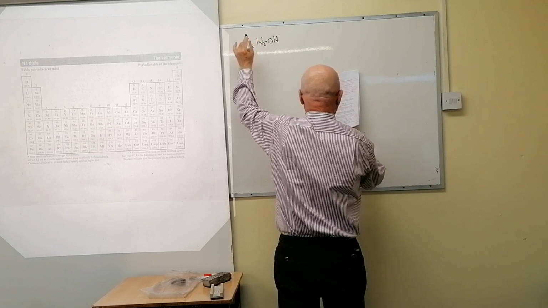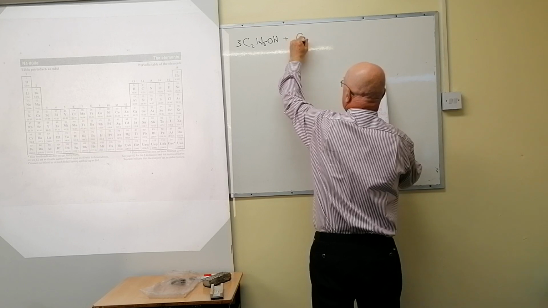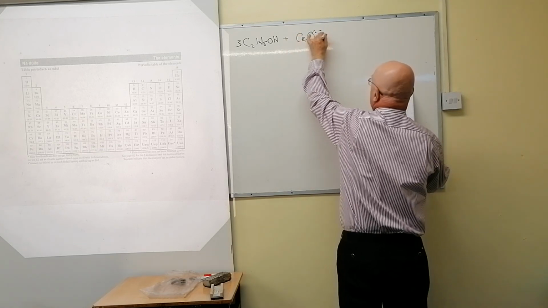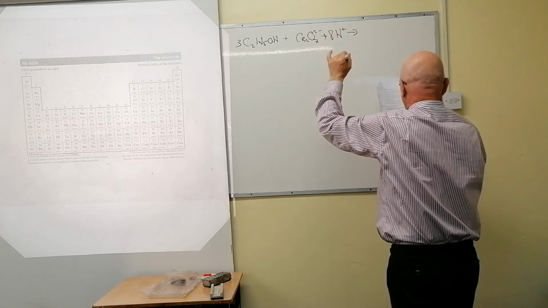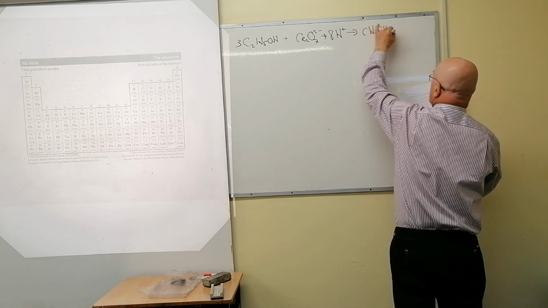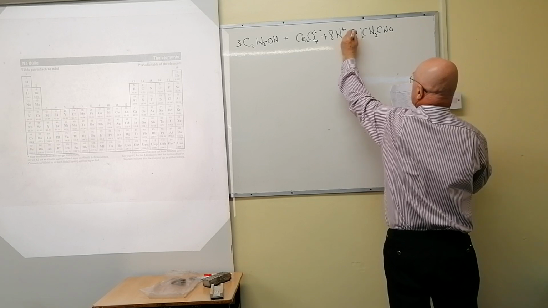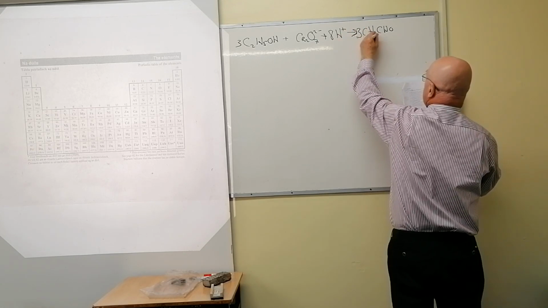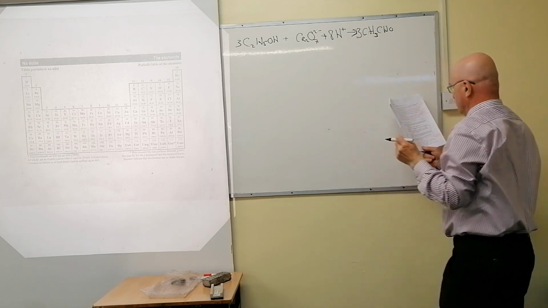C2H5OH, there's 3 of them there, reacts with the dichromate ion Cr2O7 2-, and acid has to be present, that's the sulfuric acid. And it goes to CH3CHO, which is the product. That's the thing you're trying to prepare.